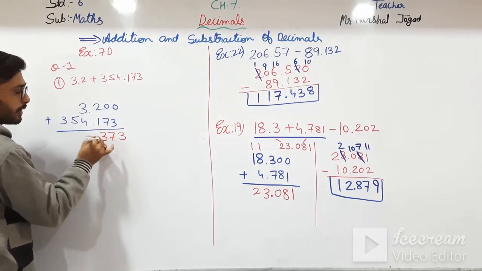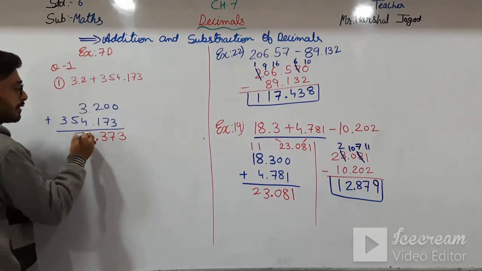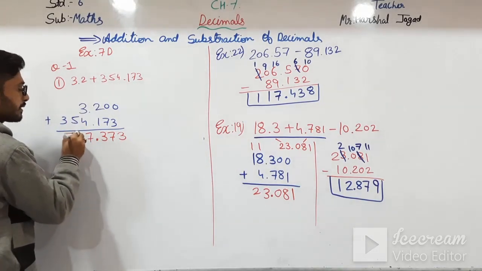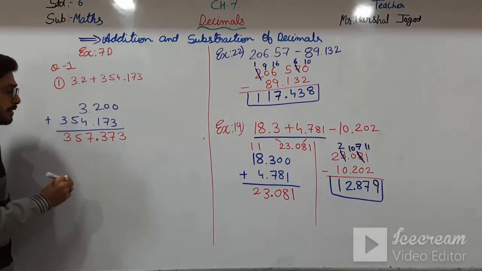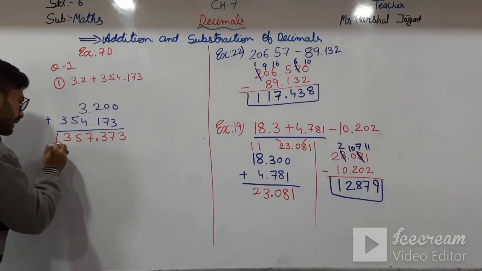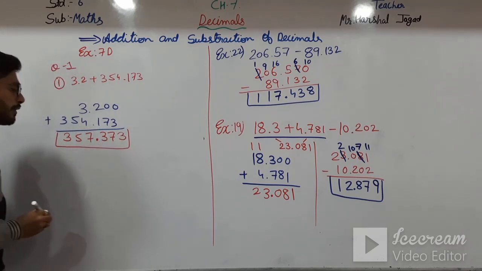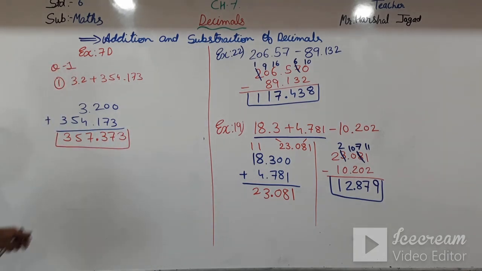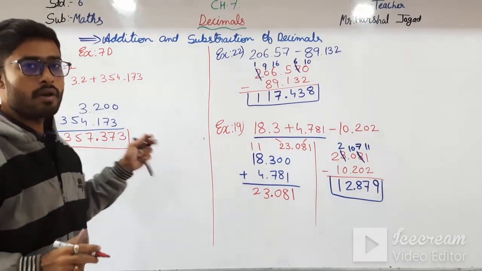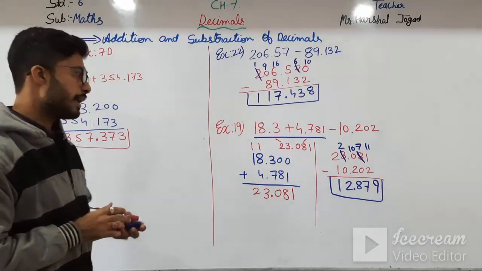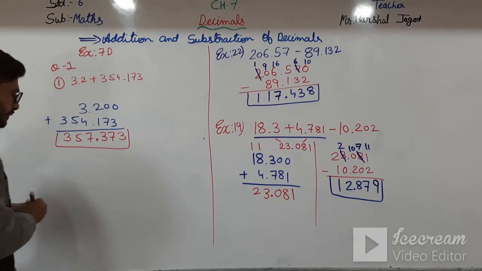Here don't forget to put a decimal point. 3 plus 4, 7, 5 as it is, 3 as it is, okay. So our answer is 357.373.